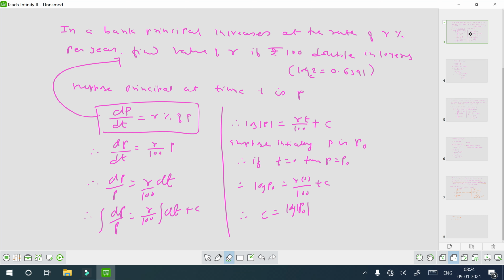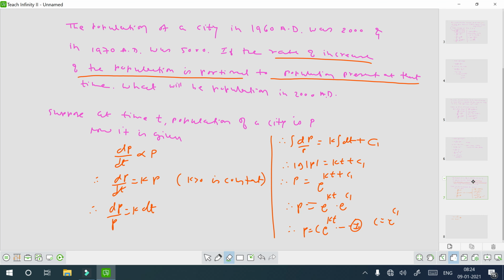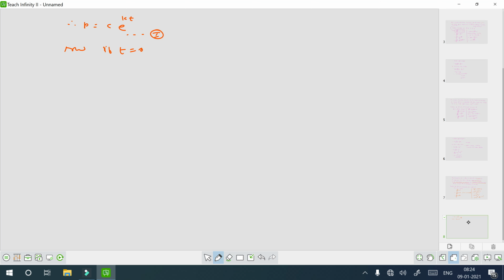Now initially, that means if t is equal to 0, sorry, initially the population of the city is 2000. If t is equal to 0, then P is equal to 2000. So 2000 is equal to C into e raised to k into 0. So C is equal to 2000. So by 1, what will be our P? 2000 e raised to kt, say equation number 2.